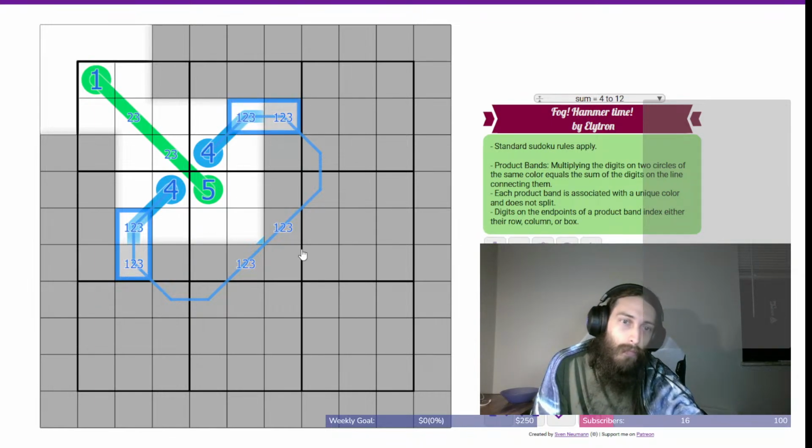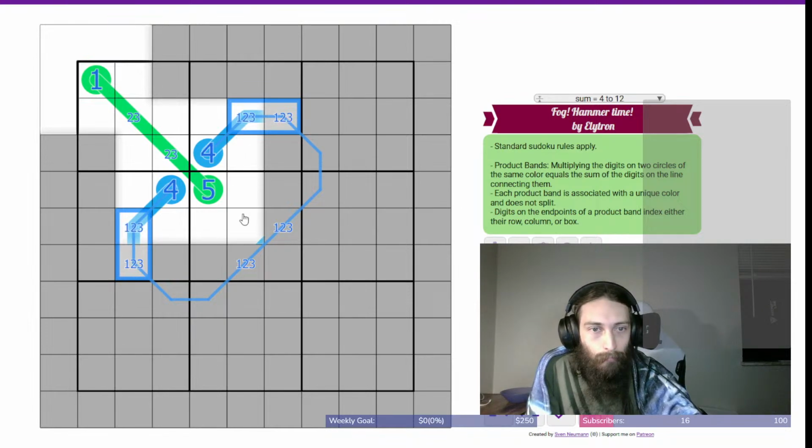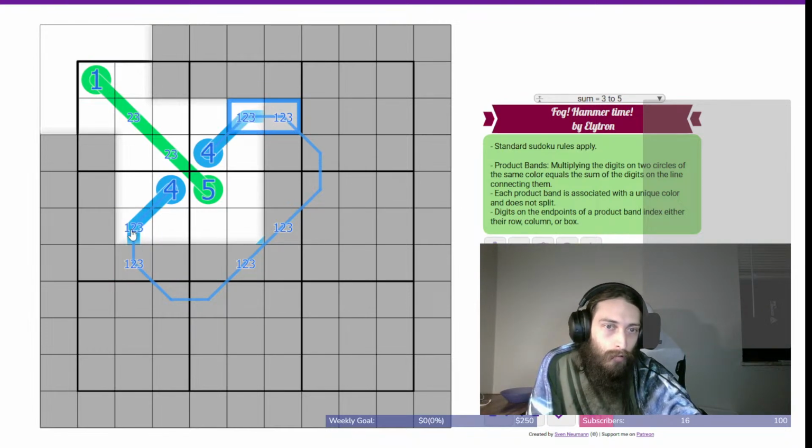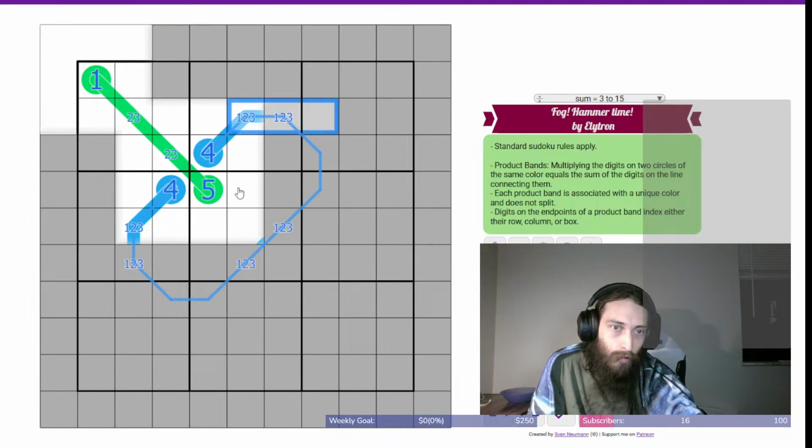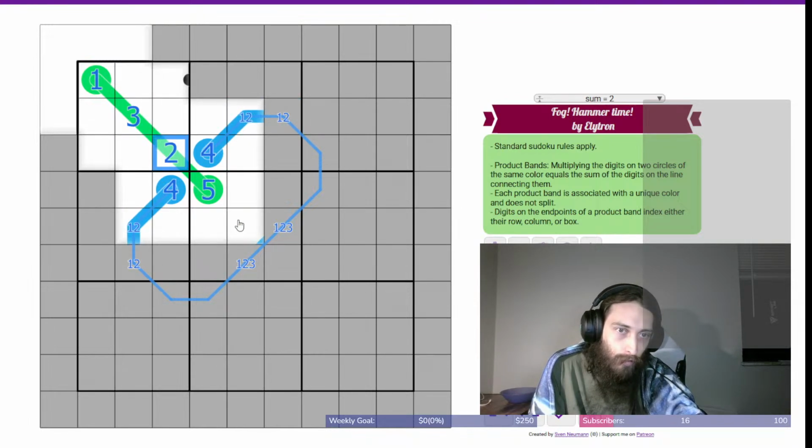Now, these cannot contain a 3. Because if they did, the other would be 1, 2, which would break this. Right. So this has to be a 3, and these not be. So that's a 2.